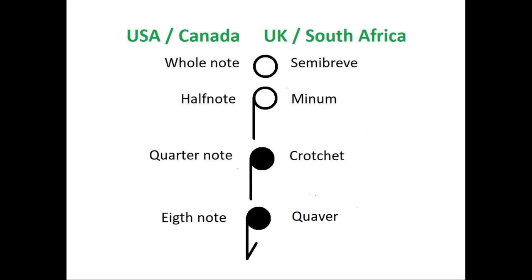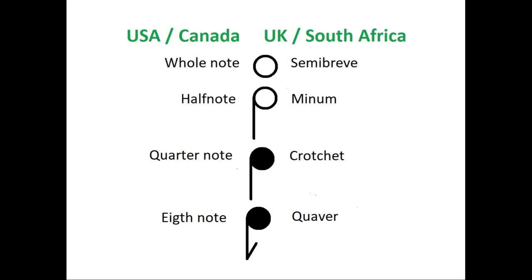Now, in the United States of America and Canada, they mainly use whole notes, half notes, quarter notes, and eighth notes. And in the United Kingdom and South Africa, we like to use the semi-breve, minim, crotchet, and quaver. And in different English-speaking parts of the world, you'll find that it's actually split up even further.